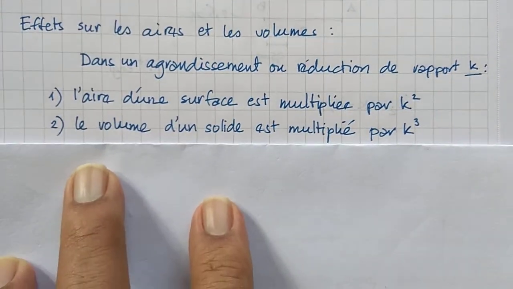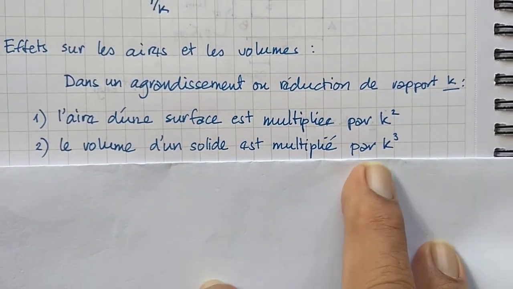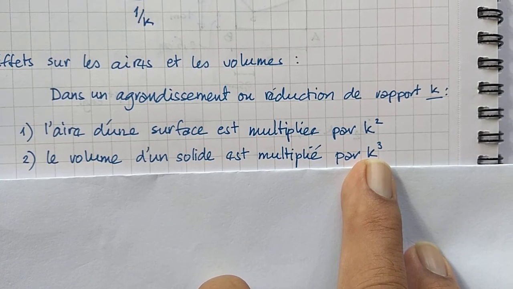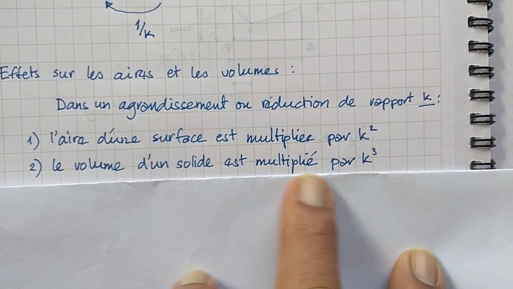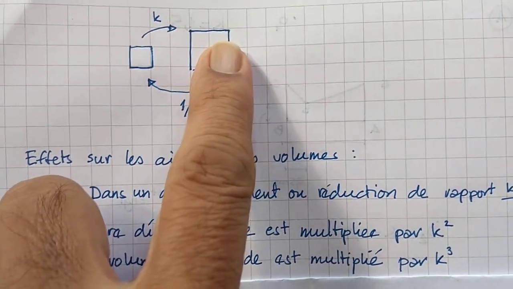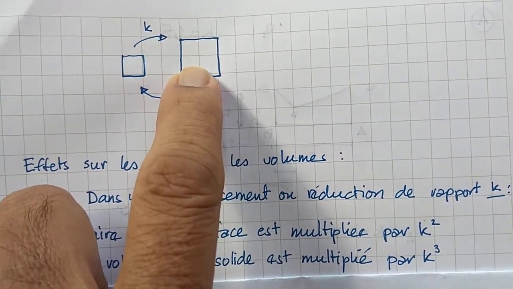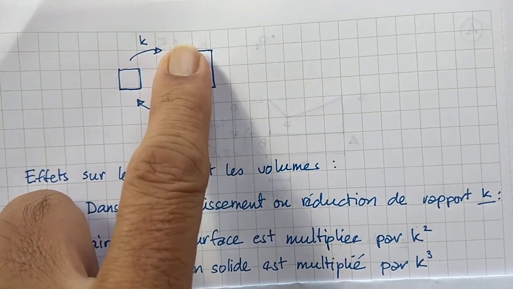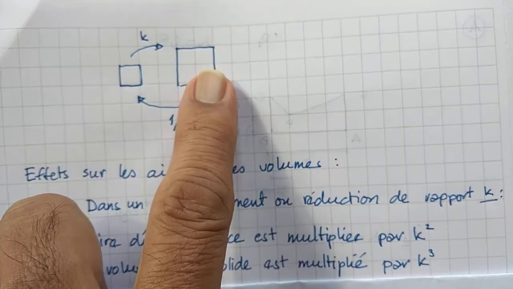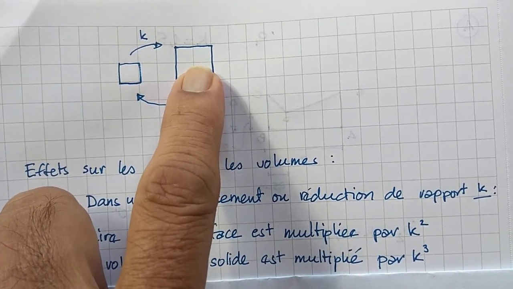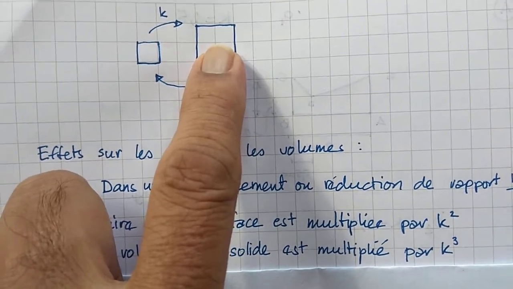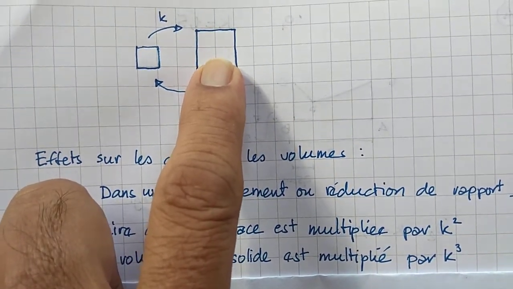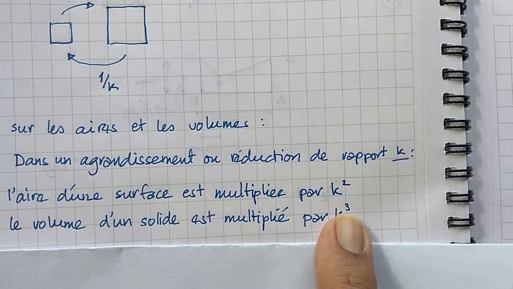And similarly, le volume d'un solide est multiplié par k cube. So when the size increases by k, the area increases by k square. And if it is a 3-dimensional figure, like a pyramid or a cylinder or a parallélépipède, when the size increases by k, the volume increases by k cube.